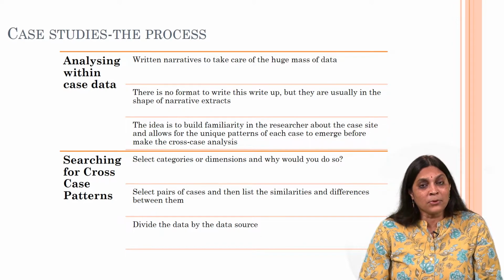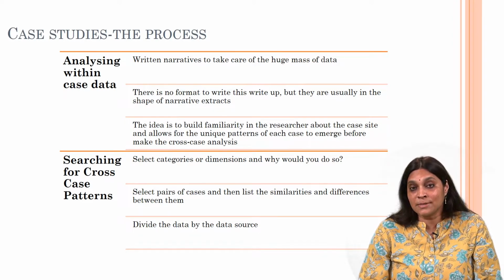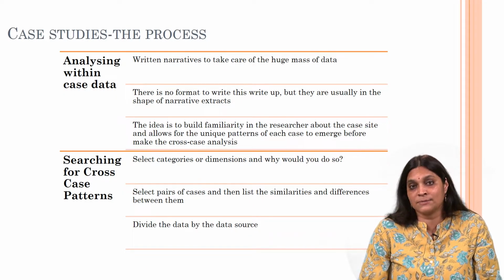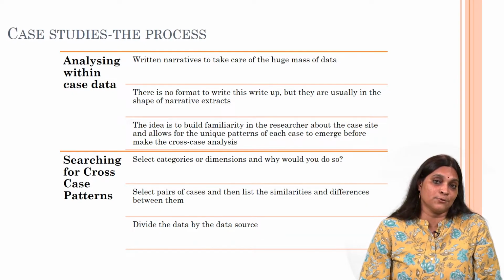Now, apart from looking at single cases, you are also collecting multiple case data. When you collect multiple case data, the idea is that you should be searching for cross case patterns. Otherwise, why would you collect multiple case data? The first is you select categories or dimensions within the cases, and how would you do so?